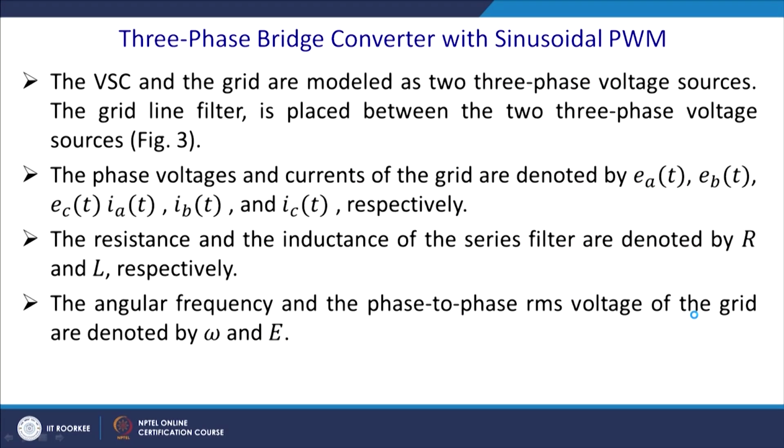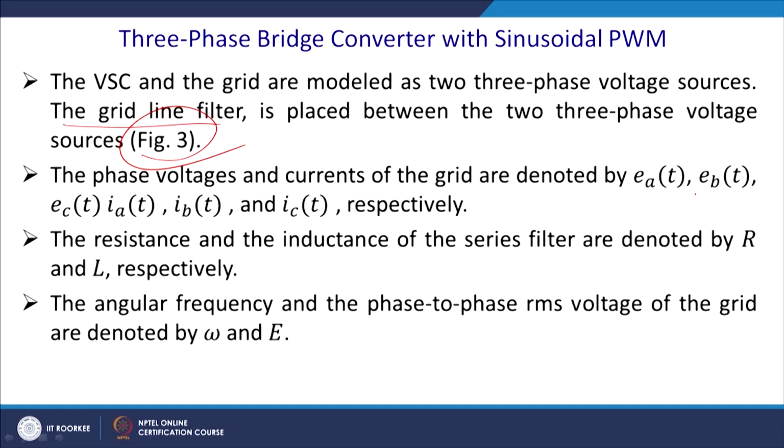Similarly, the VSC and the grid are modeled as two 3-phase sources, and the grid line filter is placed between the two phases of the voltage. We will see it in figure number 3. The phase voltages and the currents of the grid are denoted by EA, EB and EC, and currents IA, IB and IC respectively.